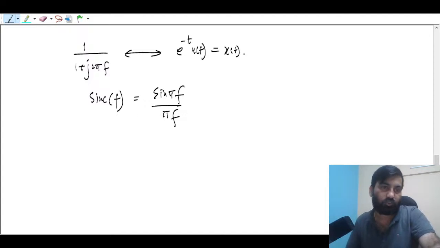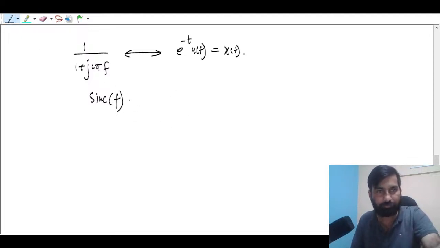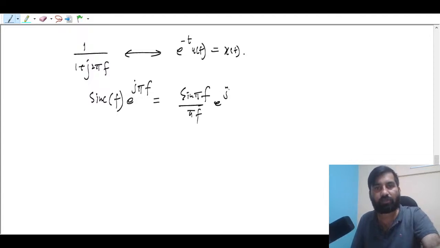So this is sinc of f. Now if you multiply this with the exponential e raised to power j pi f, you can write this as sine pi f by pi f, e raised to power j pi f.